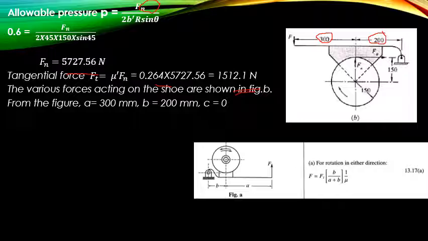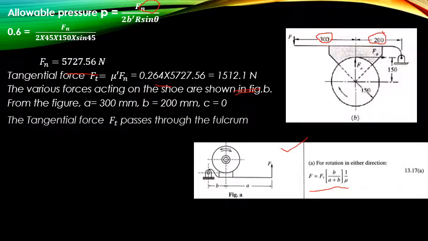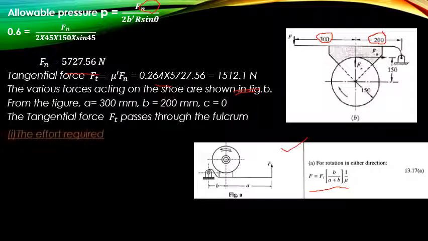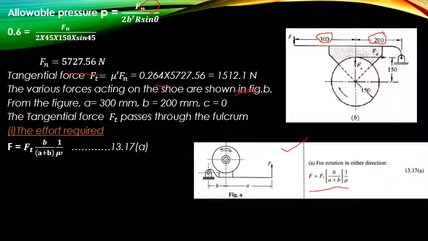For rotation in both clockwise and counterclockwise direction, the equation is given by equation number 13.17a. So the effort required is given by F is equal to Ft into B by A plus B into 1 by mu. Actually it is 1 by mu, and since here the angle is greater than 60 degrees, we have to substitute mu dash.